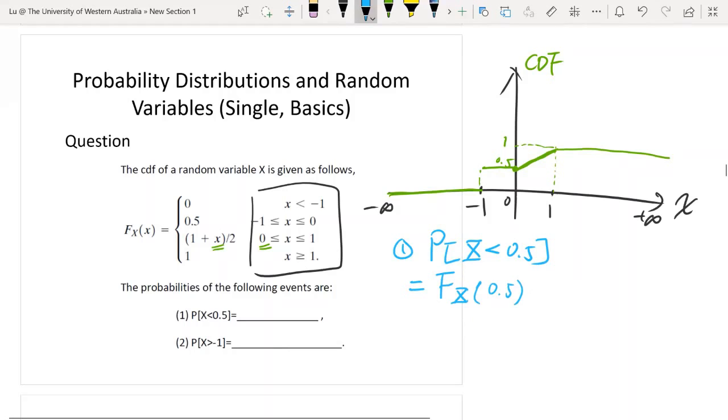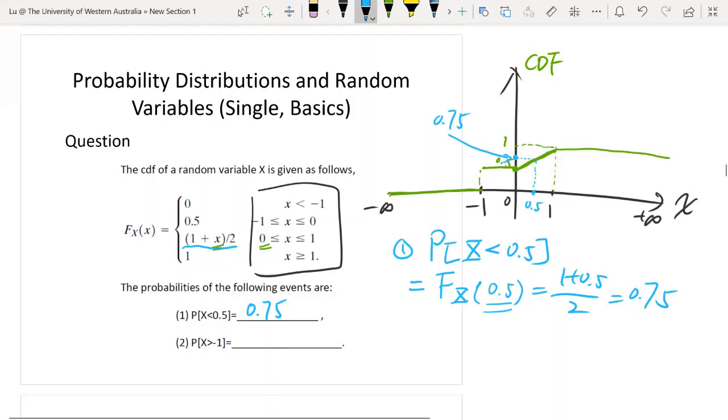So what we need to do next is just to observe the CDF function and pick up the 0.5 as input parameter. 0.5 is given here, and the corresponding CDF function value is here. So we can just substitute this 0.5 into this calculation to derive the result, which is 1 plus 0.5 over 2 is 0.75. So in other words, this point is 0.75.